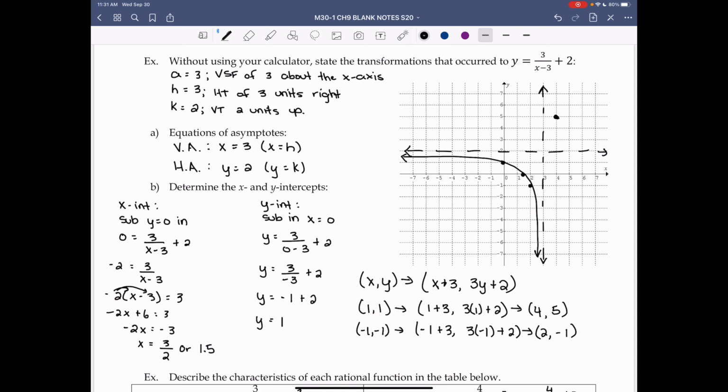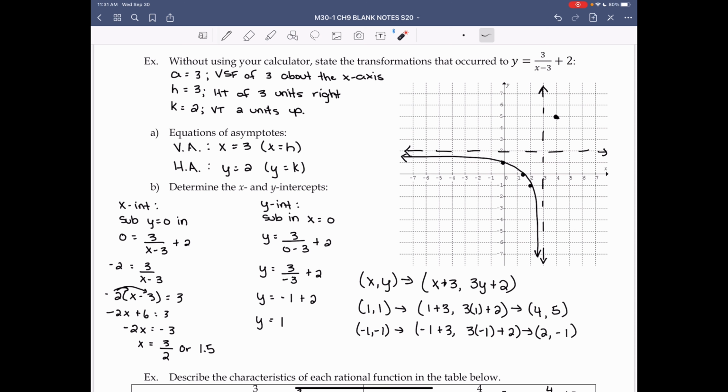To do the part in the top right now we only have 1 point. Now we could pick x values and sub them into our function, y equals 3 over x minus 3 plus 2, to find y values, but we can also use symmetry.